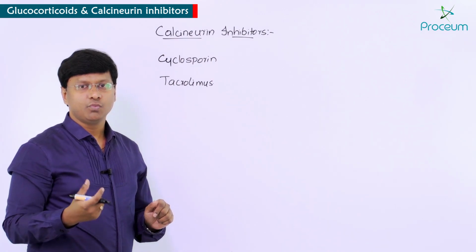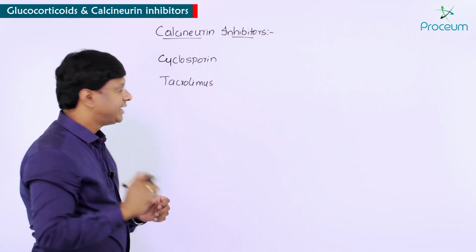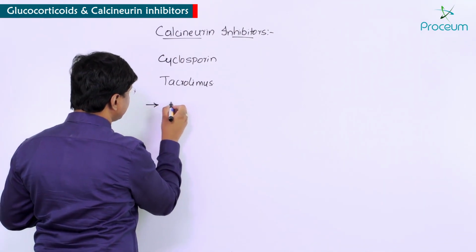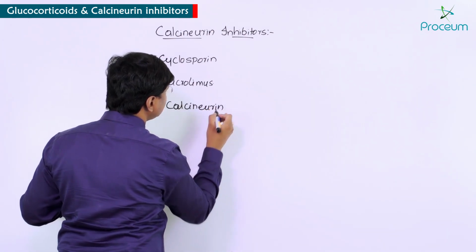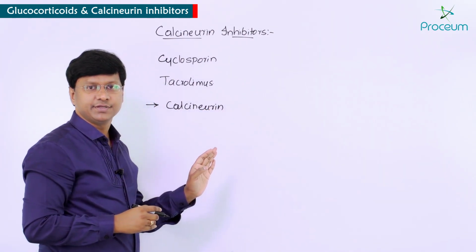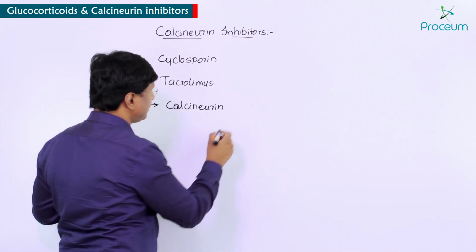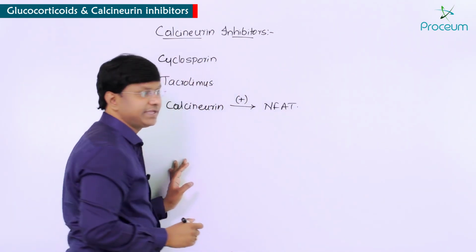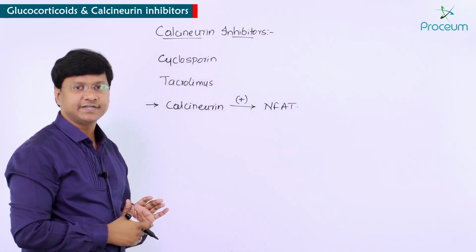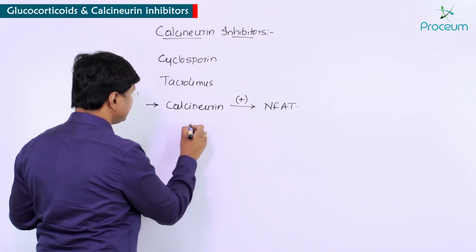Now let me tell you what exactly is the importance of calcineurin. Remember, this particular substance, calcineurin, is required for the activation of NFAT. Now what does NFAT stand for? It is nuclear factor of activated T cell.